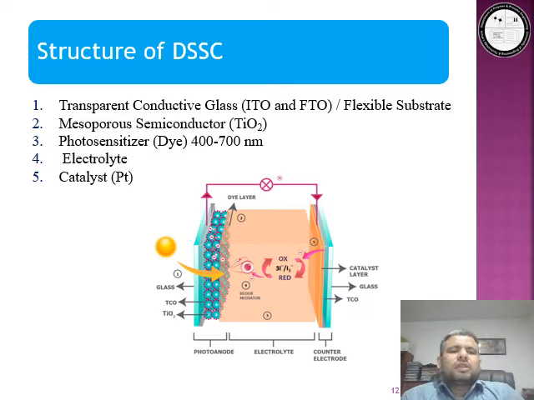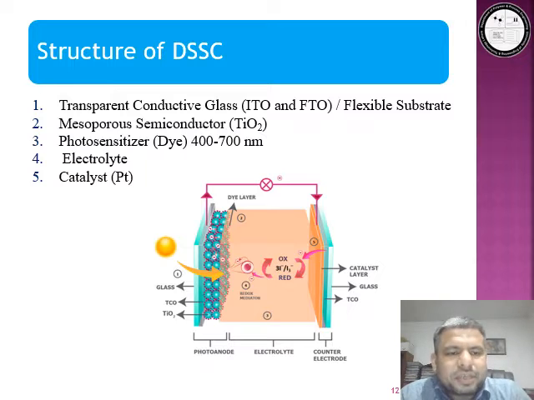As you can see, DSSC is traditionally fabricated using two sheets of highly conductive and transparent materials. Transparent glass coated with indium tin oxide or fluorine doped tin oxide acts as a substrate. However, FTO is preferred because its sheet resistance remains constant upon sintering.